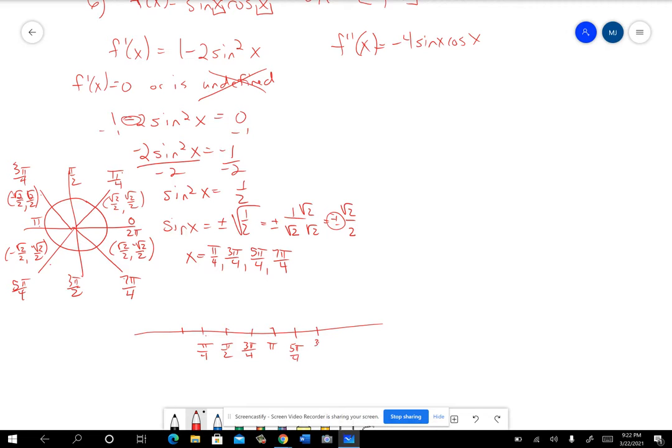This would be 3 pi over 2. And this would be 7. And then we'd be over here at 2 pi again. Okay. So these spots right here are where potential maxes and mins are going to happen.